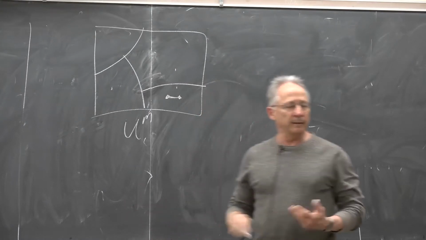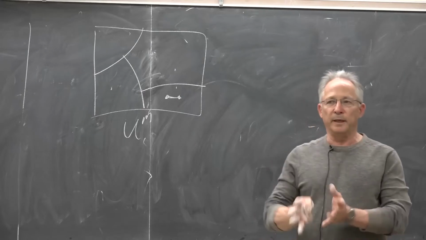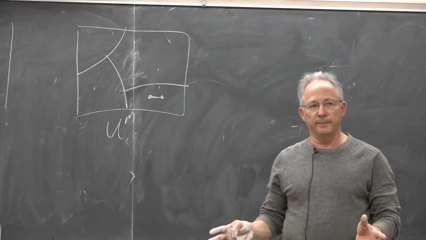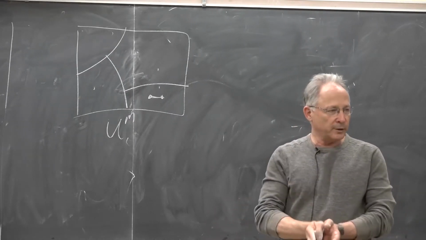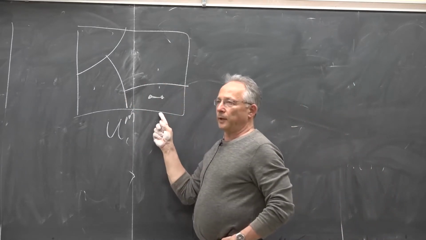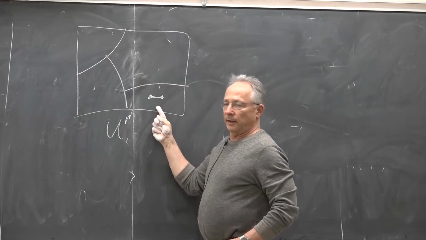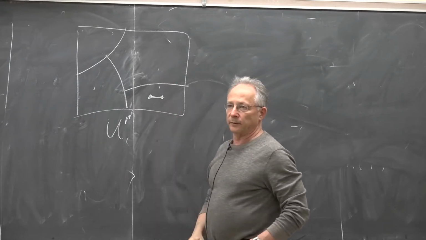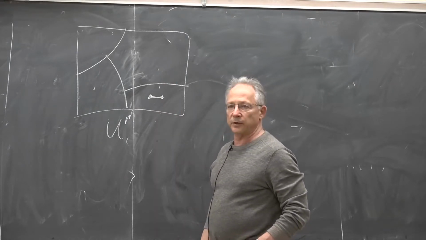So I want to say that R induces a partition of the universe, such that every two elements in one part satisfy the relation, and every two elements in different parts don't. That's called an equivalence relation.